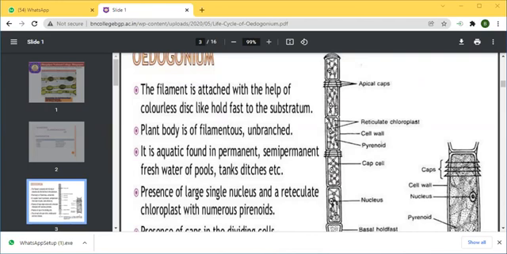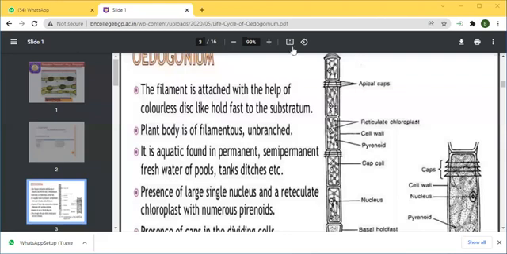Sometimes you can observe it free floating in water also. Oedogonium is a freshwater alga, found in permanent water bodies like pools, tanks, lakes, and floating in water.